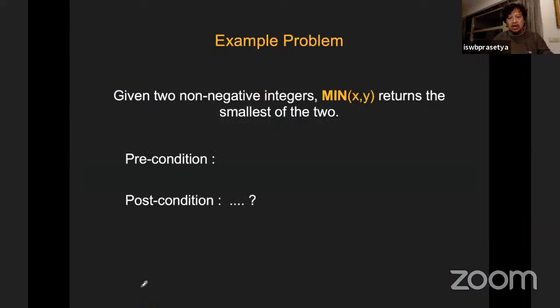So let's take a closer look. Imagine a simple example program whose informal description is just like this: a program called min. It takes two parameters, x and y, and is supposed to return the smallest integer of the two, assuming that the two numbers are non-negative.